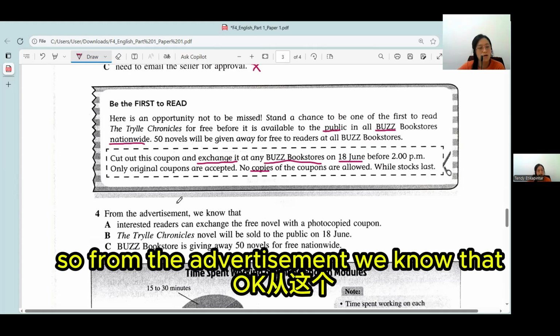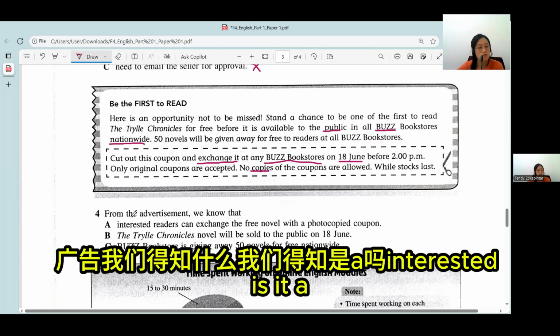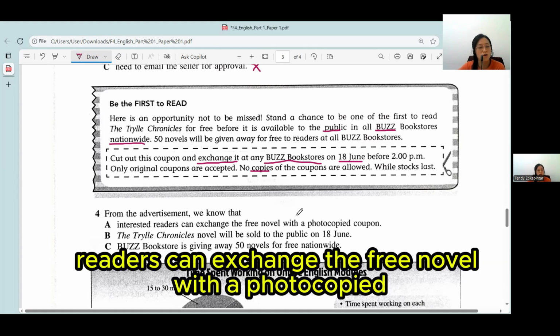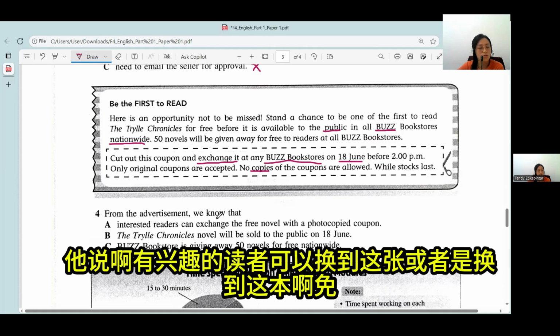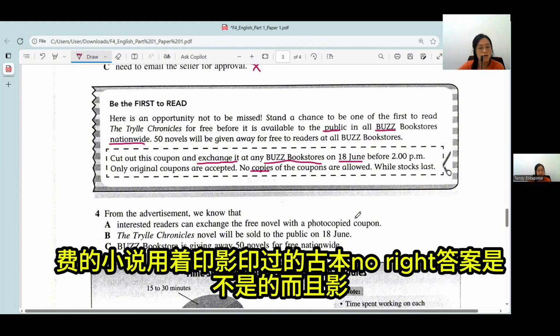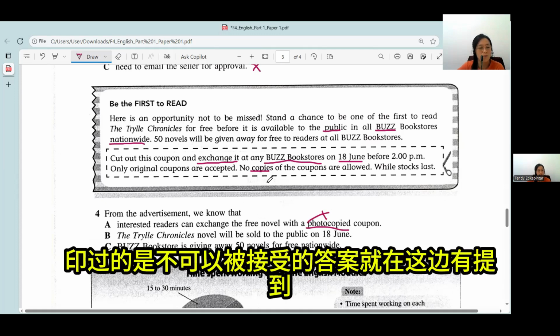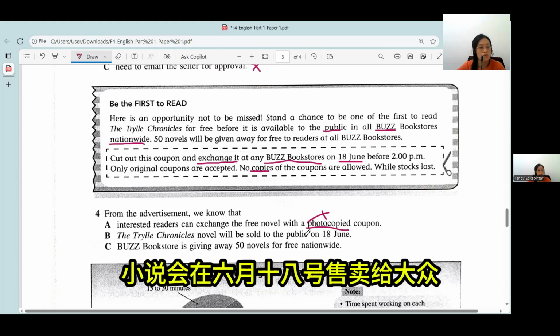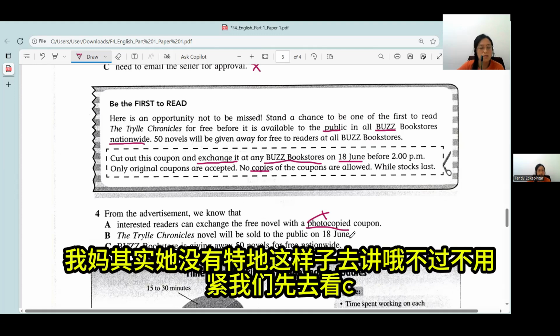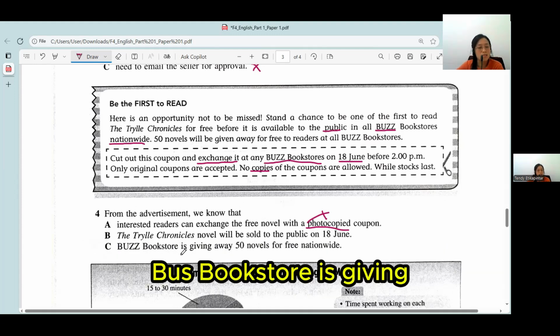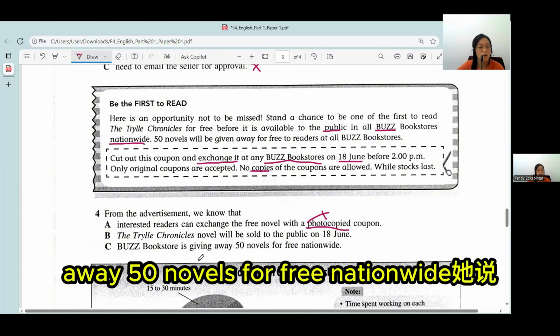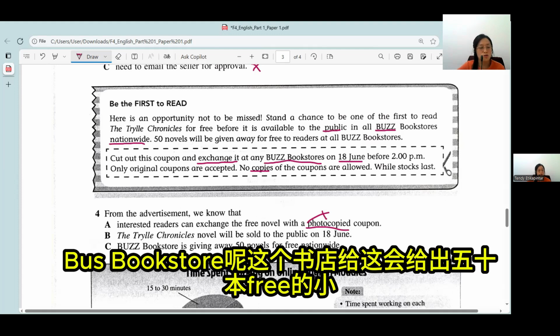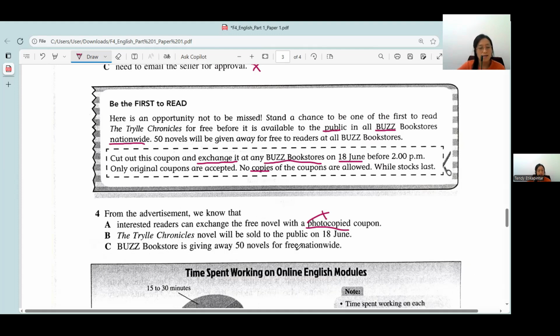So from the advertisement we know that, OK, 从这个广告我们得知什么？是 A 吗？Interested readers can exchange the free novel with a photocopy coupon. 他说有兴趣的读者可以用影印过的优惠券换到这本免费的小说。No, right? 答案是不是的。影印过的是不可以被接受的，答案就在这边有提到。B, The Trail Chronicles novel will be sold to the public on 18 June. 他说这本小说会在6月18号售卖给大众，有吗？其实他没有特地这样去讲。不过不用紧，我们先去看 C. Bus Bookstore is giving away 50 novels for free nationwide. 他说这个书店会给出50本免费的小说给全国。This sounds more like it, right?